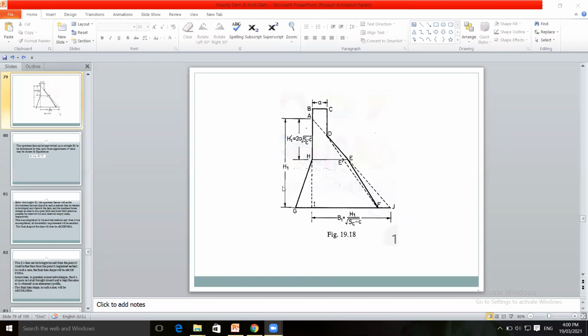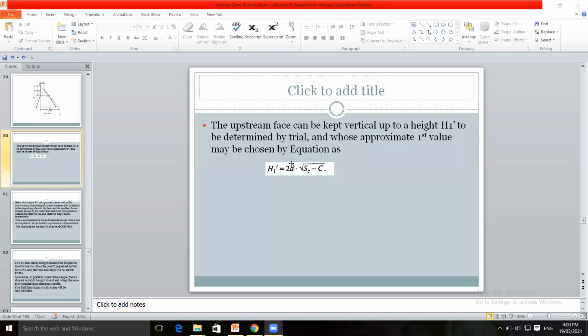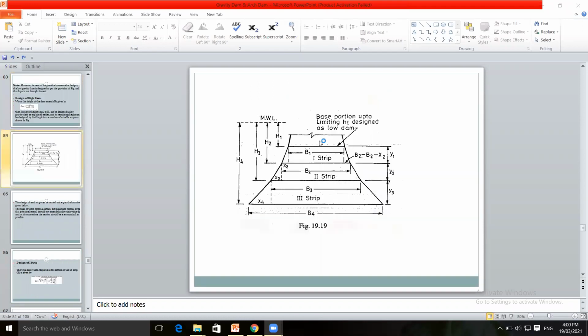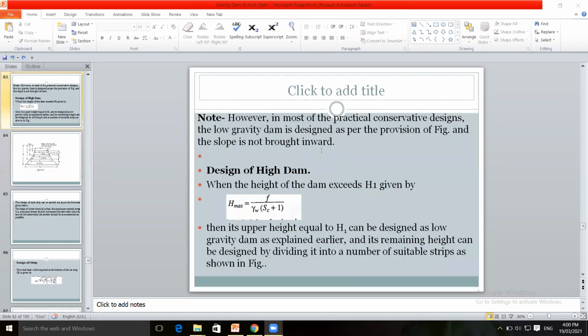Up to H1 is the total height of the dam, up to base GJ, up to base GF. This is the base width. See this image in this diagram. The various strips are shown below this base.